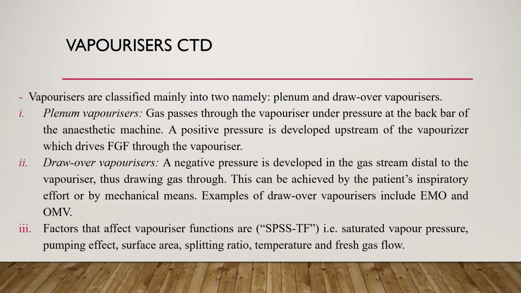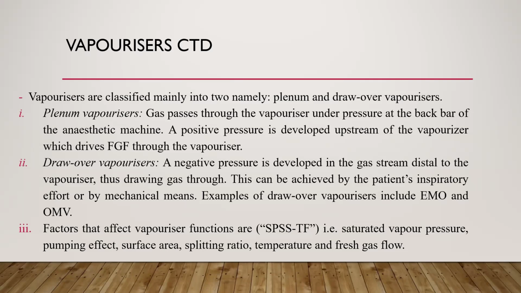So positive pressure is developed upstream, which moves the fresh gas flow through the vaporizer. The draw-over vaporizers require the negative pressure developed by the patient's inspiratory effort, which draws the fresh gas flow through the vaporizer.